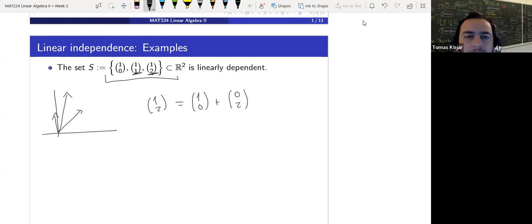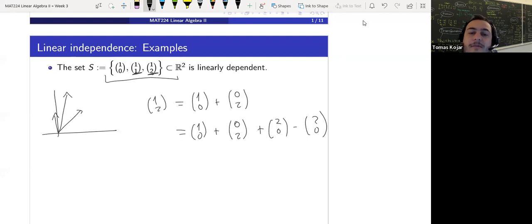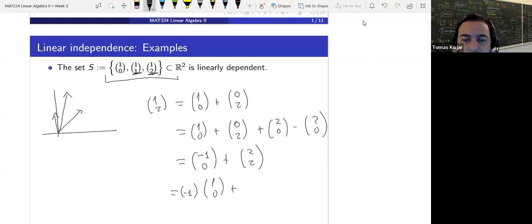I know what I'll do: I will subtract and add. I add (2, 0) and subtract (2, 0). That's easier. Now we're in business. This guy becomes minus (1, 0), and this guy becomes (2, 2). So I take out the minus 1, I have (1, 0), and I take out the 2 and I get (1, 1).